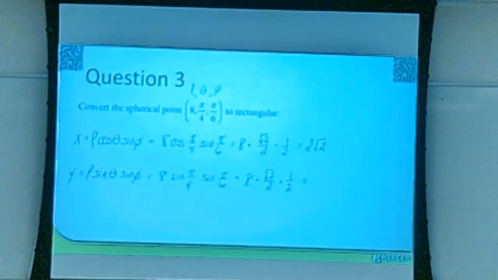Root 2 over 2, the same thing. Z is rho cosine phi. What is cosine of pi over 6? Root 3 over 2. How does that simplify?